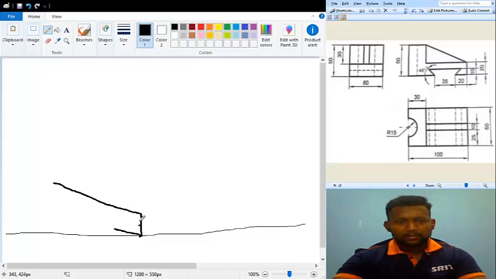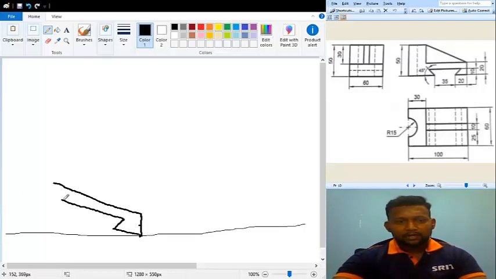You already know that this vertical distance is equal to 20, and somewhere over here try to draw some distance like this. After this, place your protractor over here. You can see that this inclination is 45 degrees, and the right side inclination also will be equal to 45 degrees. Just try to draw a line like this such that the inclination is 45 degrees.